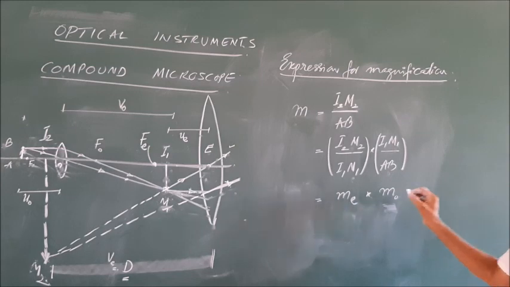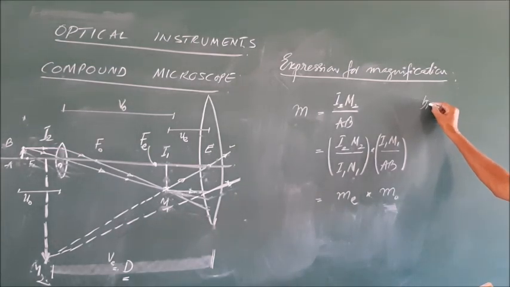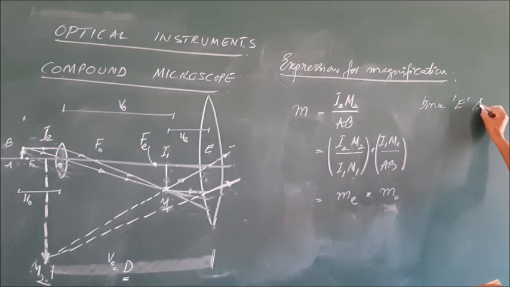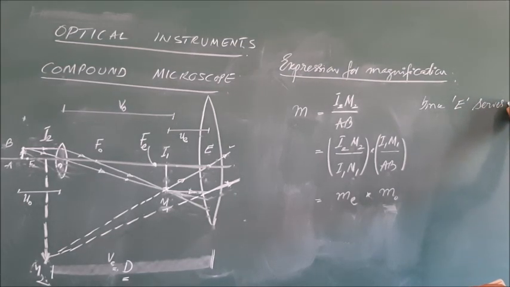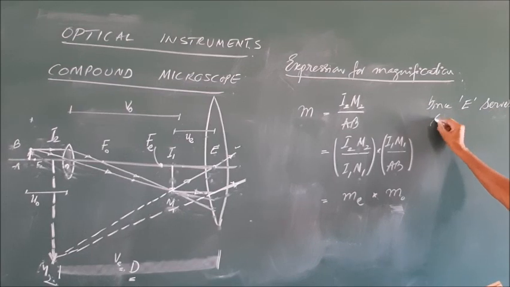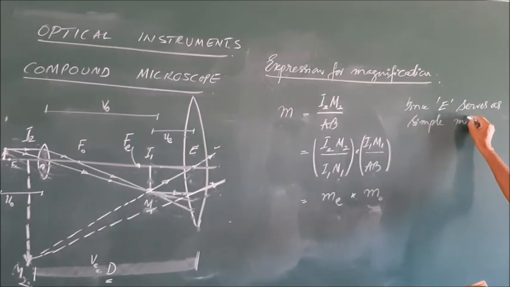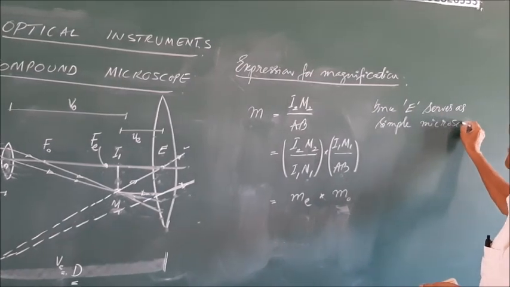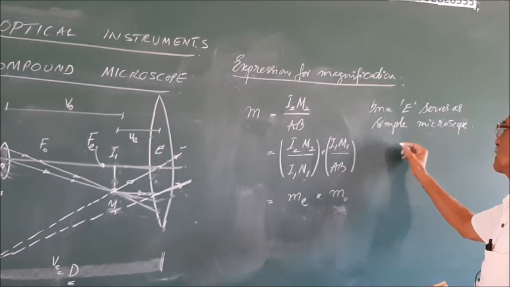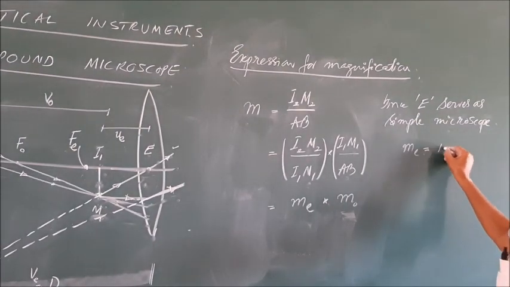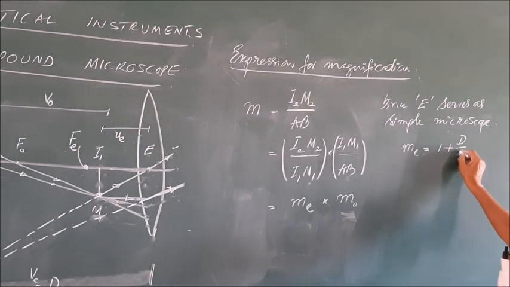Now, since the eyepiece acts as a simple microscope, M is 1 plus D over FE.